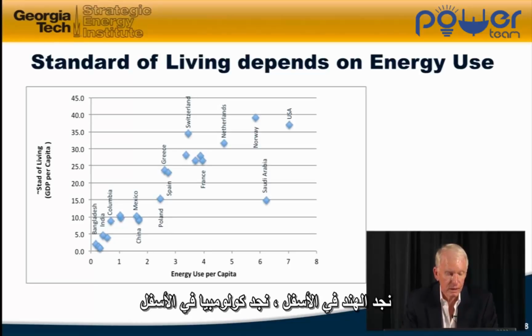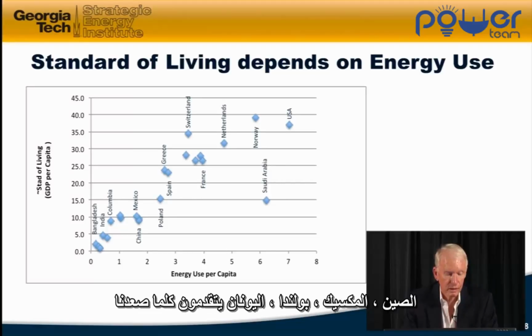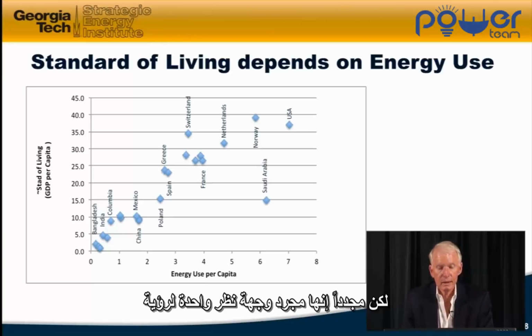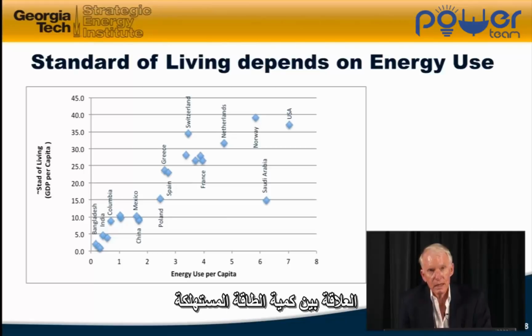Got India down there, we got Colombia down there, China, Mexico, Poland, Spain, Greece as we move on up the line. But again, it's one more way to look at the linkage between the amount of energy we use in a society and the economy of that society.